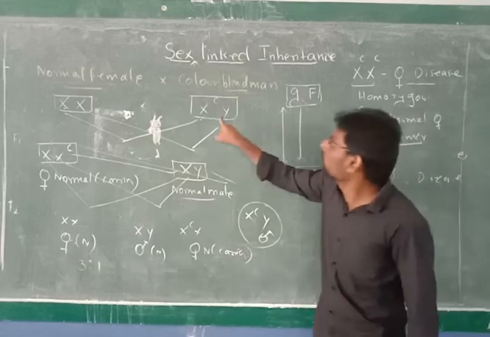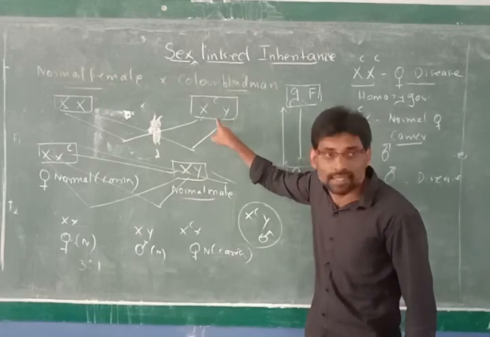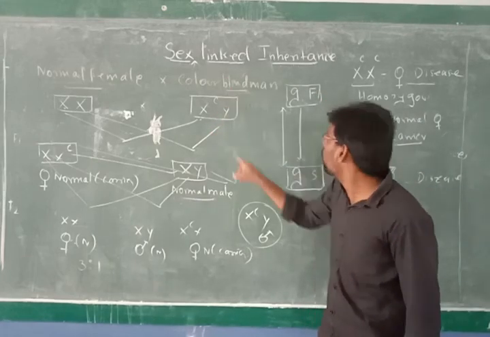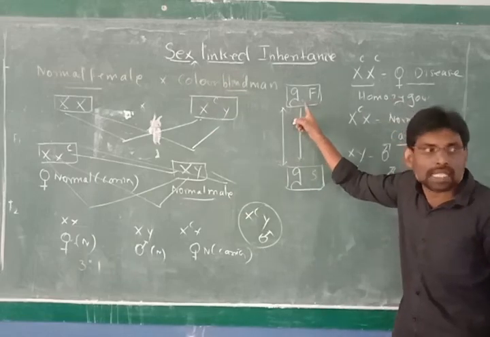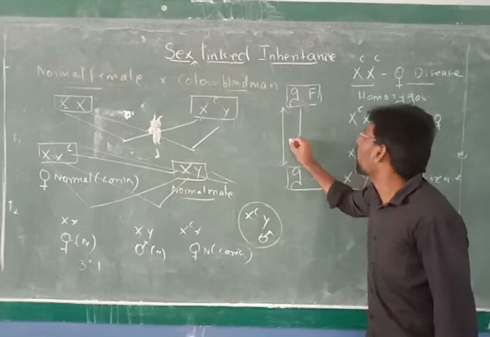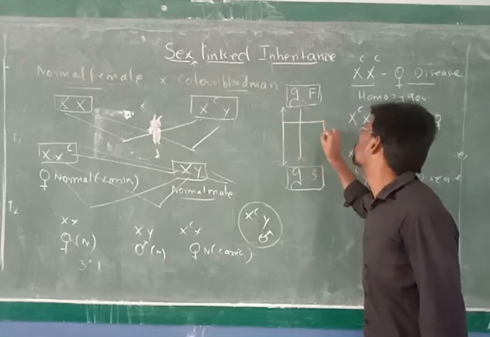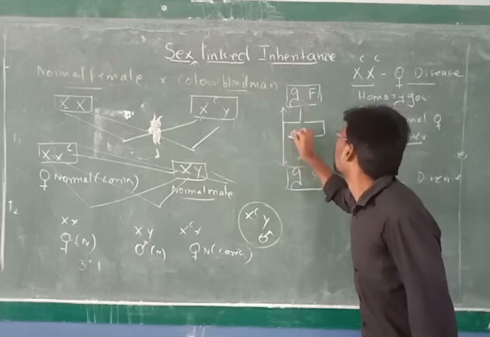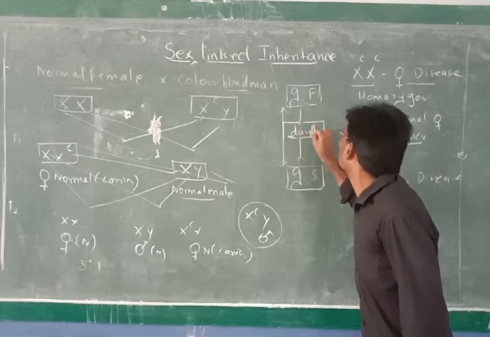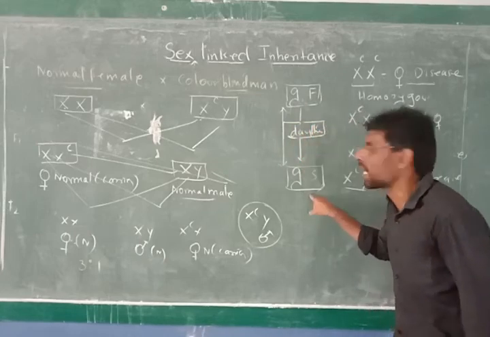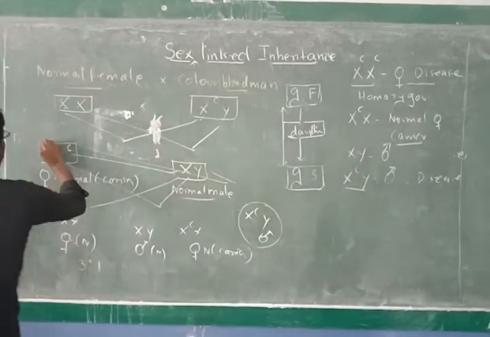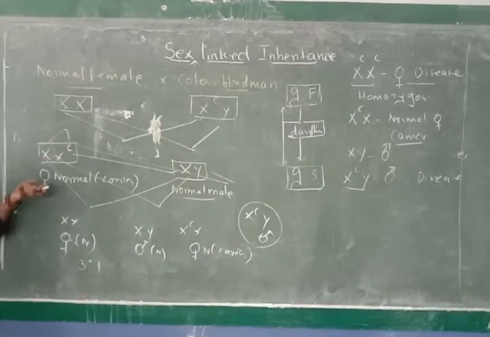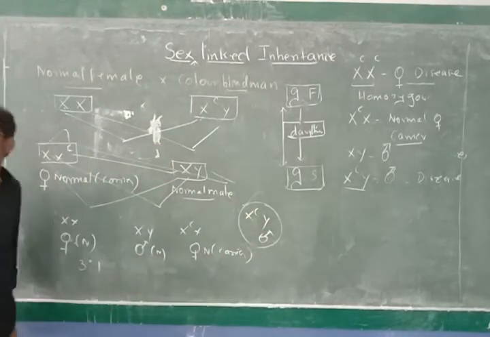So now see, this is the grandparent having the disease, color blindness. Now, remember always, very important, listen: whenever the grandfather has a disease, the grandfather will send the disease to his daughter. So through the daughter only, it will be sent to the grandson. The grandfather had it. Now, who got it? The daughter does not have the disease, but still it goes through her. And who is getting affected? The male gets affected.